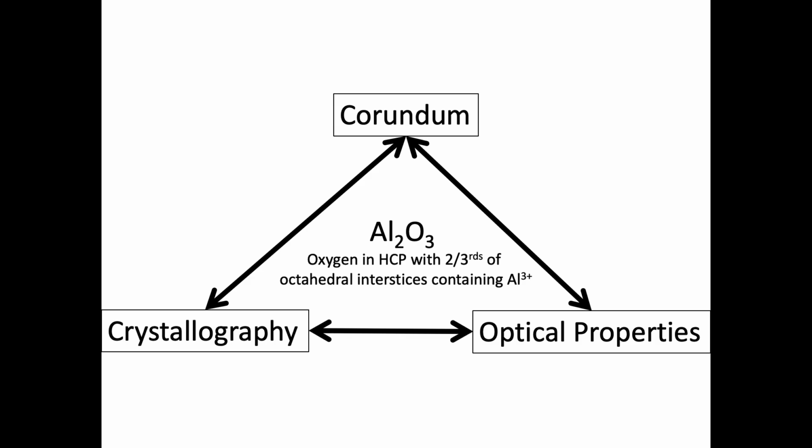Because the bonding in the corundum structure is predominantly ionic, we can also make a fairly simple model of the corundum structure using marbles and ball bearings. The larger clear marbles will represent oxygen anions, and the smaller metallic ball bearings will represent aluminum cations. So let's take a look at this structure model.